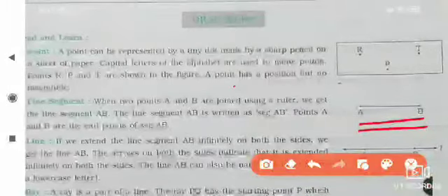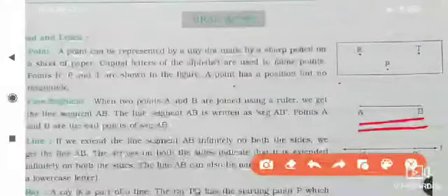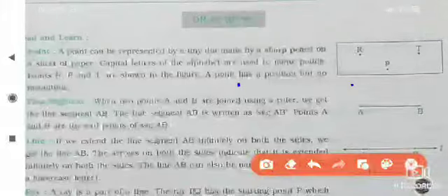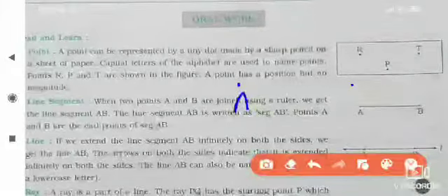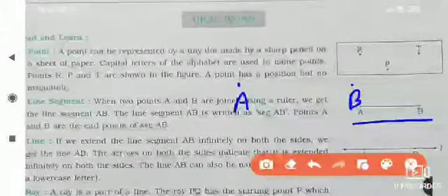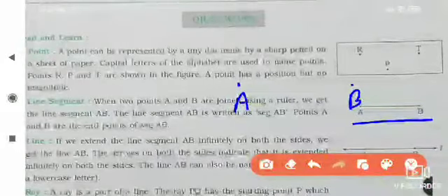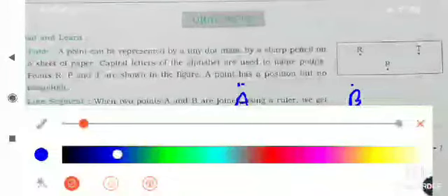And if I want to join these two points, I join them. In the figure, I have taken two points, point A and point B. If I want to draw the segment, I will join this with another color for better understanding.